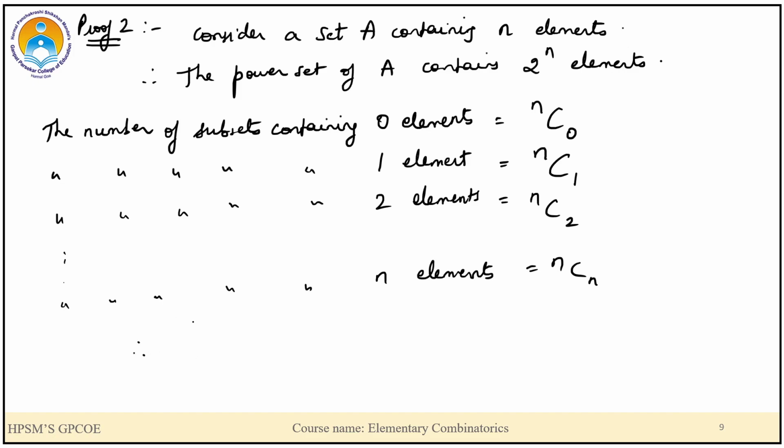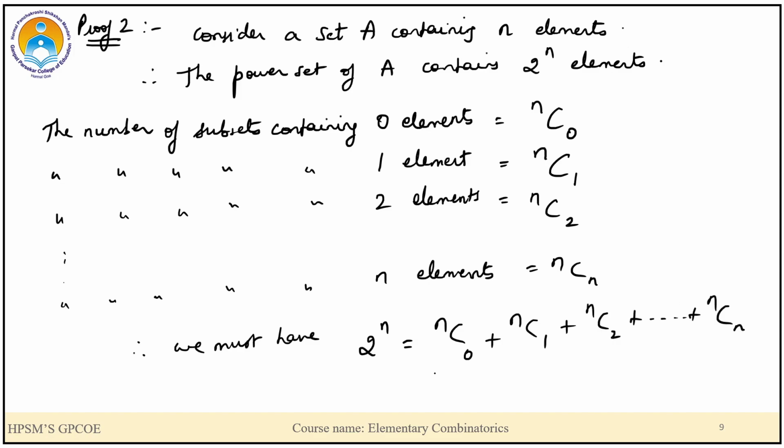Therefore, we must have 2 raised to n is equal to nC0 plus nC1 plus nC2 all the way up to nCn, since the cases are disjoint. And that's the proof of this identity.